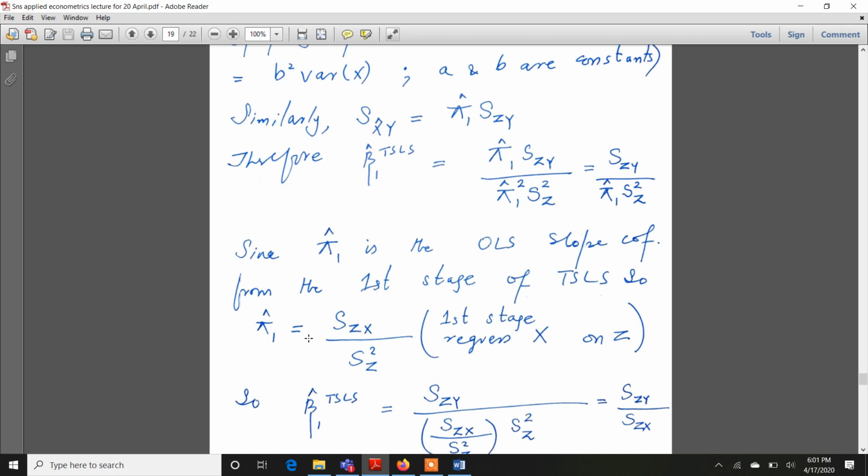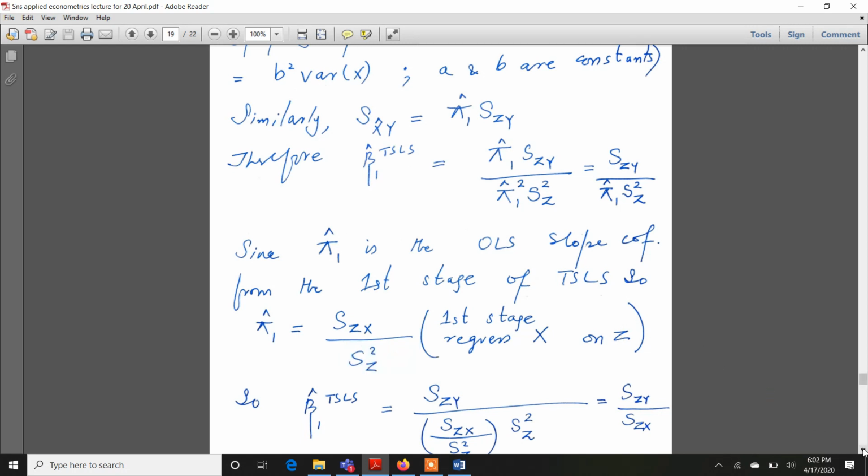So pi 1 hat is the covariance between z and x, because remember that in the first stage regression we regress x on z. So pi 1 hat is S ZX, that is covariance between z and x, divided by variance of z. Why variance of z? Because now our independent variable is z, and in the denominator we always have the variance of the independent variable.